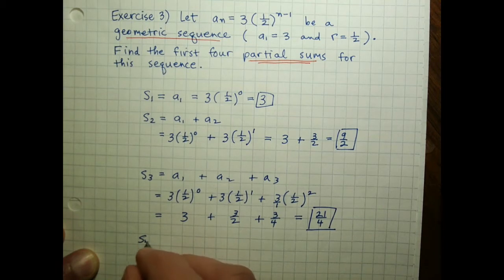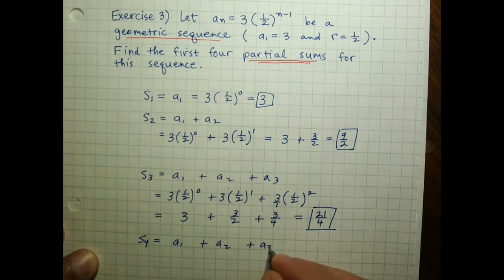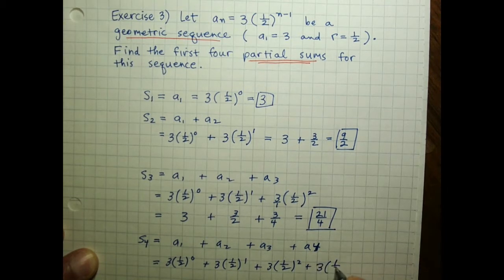And S4 is A1 plus A2 plus A3 plus A4. A1 is 3 times 1/2 to the 0 plus 3 times 1/2 to the first plus 3 times 1/2 to the second plus, for the 4th term, we'll have 3 times 1/2 to the 3rd power.